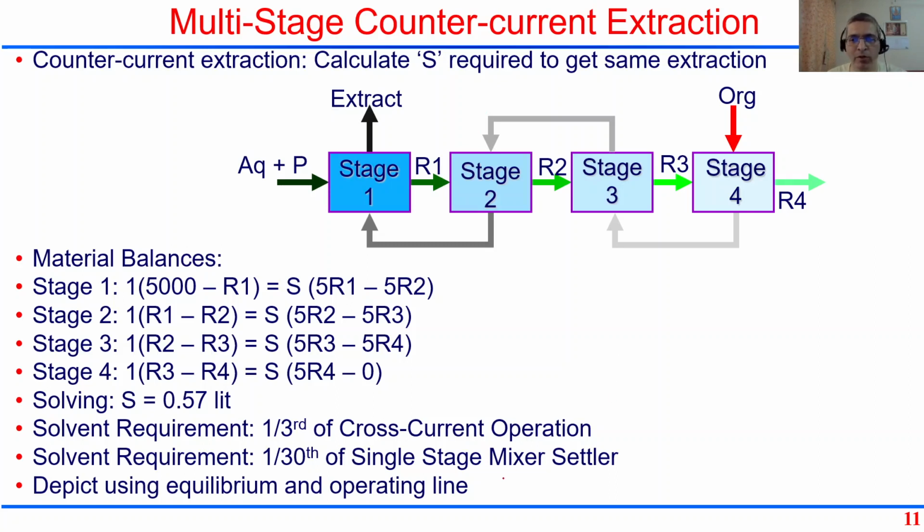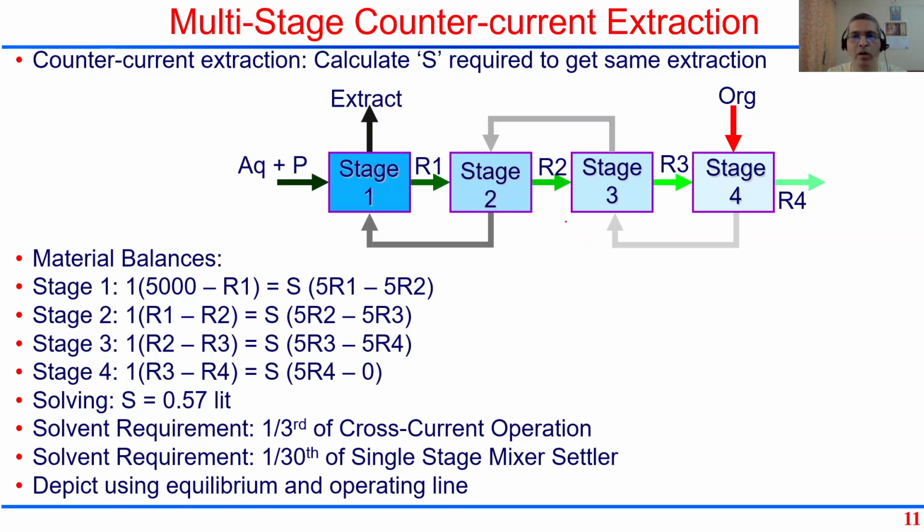That's the only way we can reduce our solvent requirement to the minimum possible. Single stage extraction requires huge amount of solvent, and counter current multi-stage requires the least amount of solvent. So we should be trying to do multi-stage counter current.